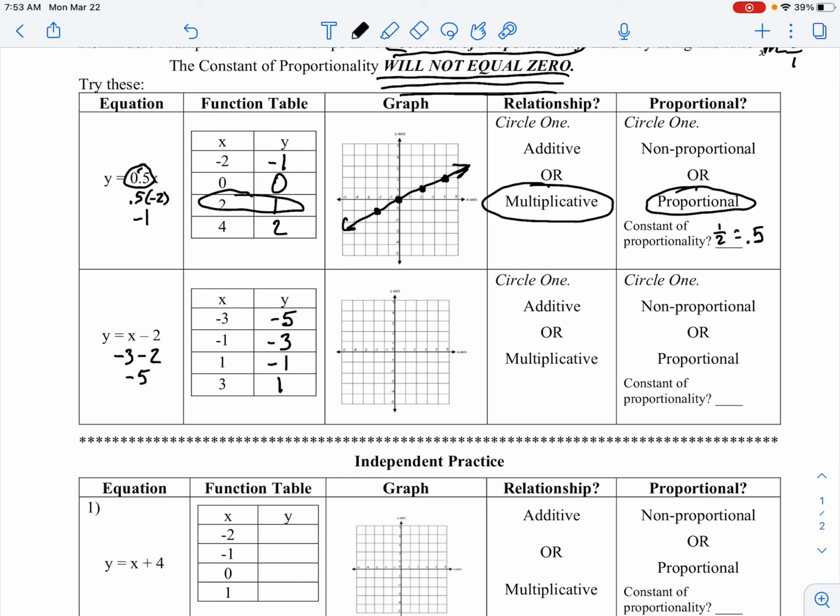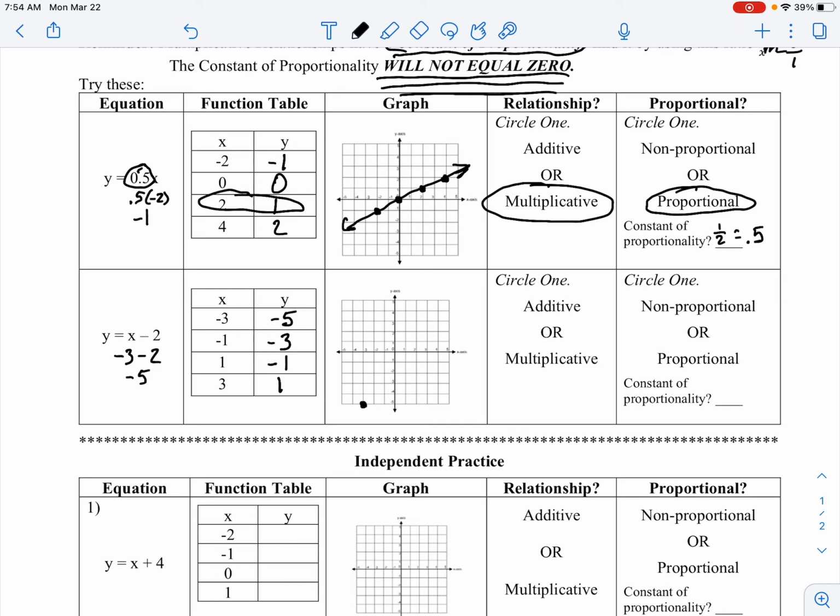So we've got -3 comma -5, then -1 comma -3, then 1 comma -1. Oh, whoops, I messed up my other point.